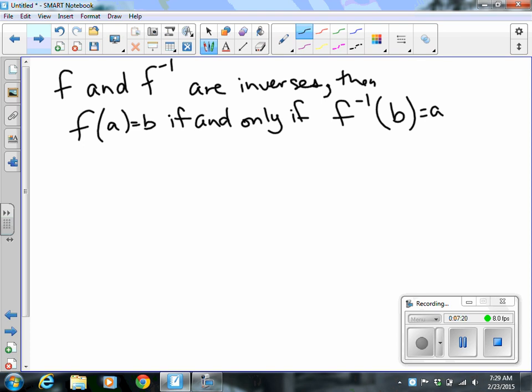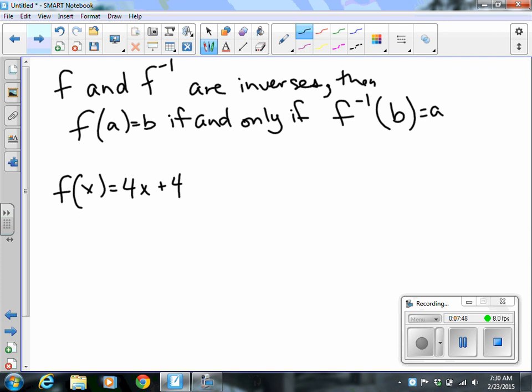So basically what this means is that you're going to flip-flop the x and the y and solve for the variable that you're trying to find. So let's say, for instance, that I have f of x equals 4x plus 4.